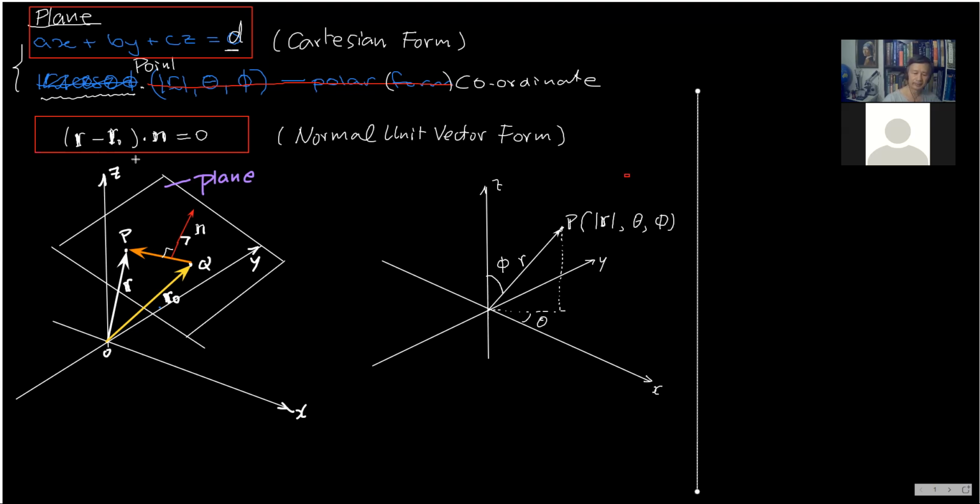Do you agree? So basically, what we can do is let me just rewrite this one, because this equation we can denote the directional vector as 3 components. Can you see that? So these 3 components.